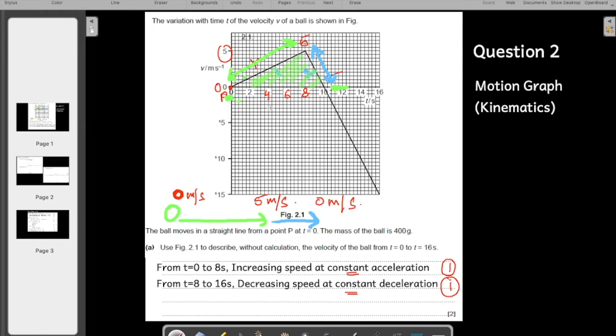So what should be the area of this triangle? How much is the base? Base is 10. How much is the height of the triangle? Height is 5. Half into base into height, that's the formula for the area of triangle. So this should give you 25 meters.